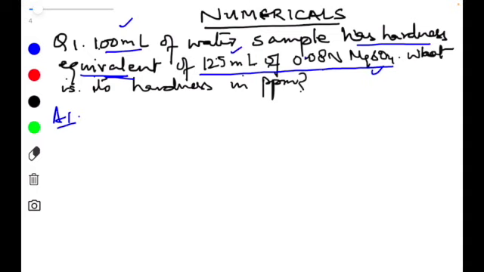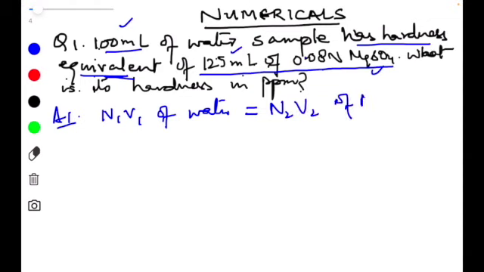So what is that? That is N1V1 of my water sample, which is equal to N2V2, and this N2V2 is for MgSO4. So what is the normality of water? I don't know, so I keep it as N1. Volume of water, yes, it is 100 ml given in the question.